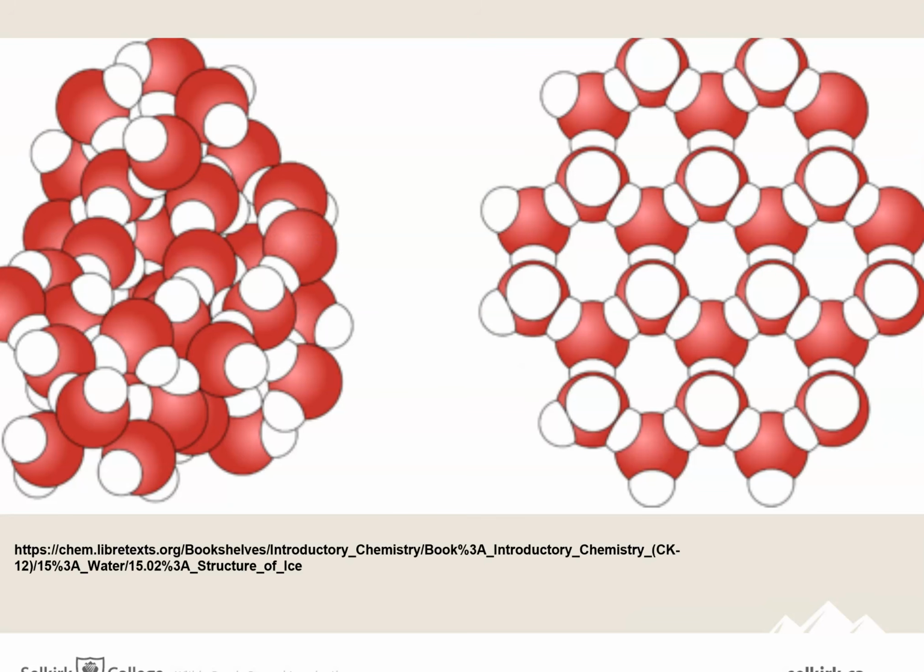Water is the most unusual chemical. It is the only substance I know where the solid is less dense than the liquid form. Usually in a solid, the particles are packed together tightly, which makes it more dense. But for water, the liquid can pack together more densely than the solid can.